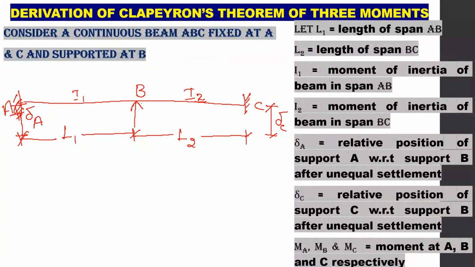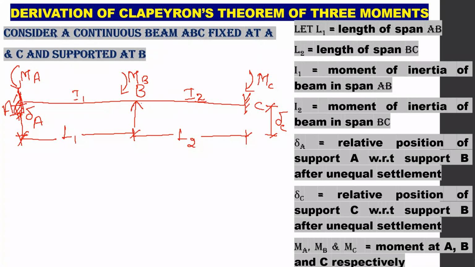Now, MA, MB and MC are the moments at A, B and C respectively. Since the supports A and C are fixed supports, we will have moments at A and at C, and at all intermediate supports we will have moments. B is an intermediate support, so we will have a moment at B also. Our aim is to derive the relationship between these three moments.